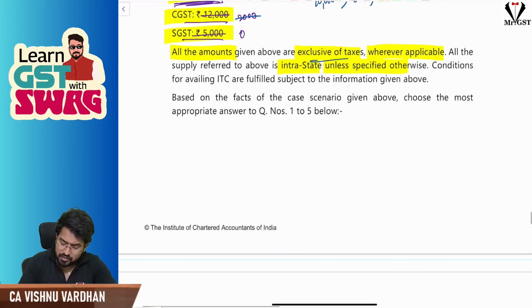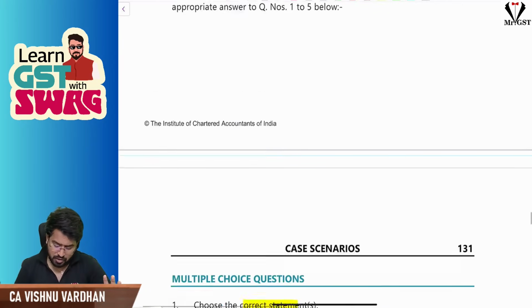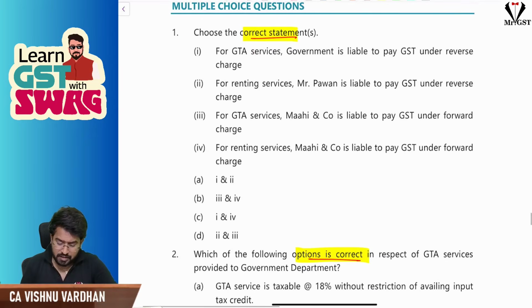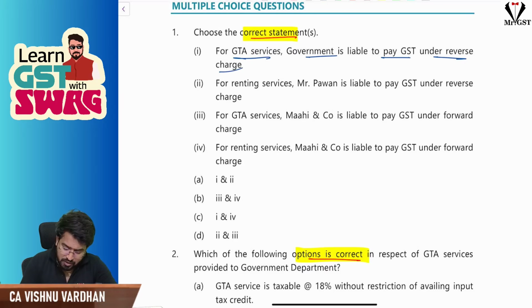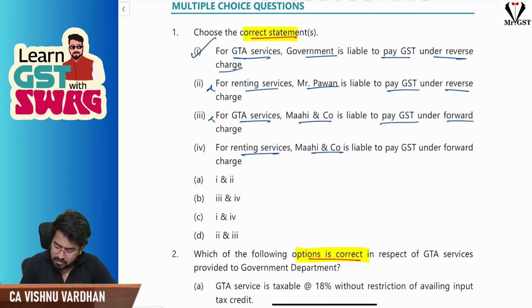All the amounts are exclusive of taxes wherever applicable, intrastate unless specified otherwise. Okay, what is the correct statement? GTA services to government is liable to pay tax under reverse charge. Very good, correct statement. Renting services to Pavan liable to tax under reverse charge. Wrong. GTA services: Mahi and Co is liable to pay GST under forward charge. Wrong. Renting services: Mahi and Co is liable to pay GST under forward charge. Here, for renting services they could have used better words.